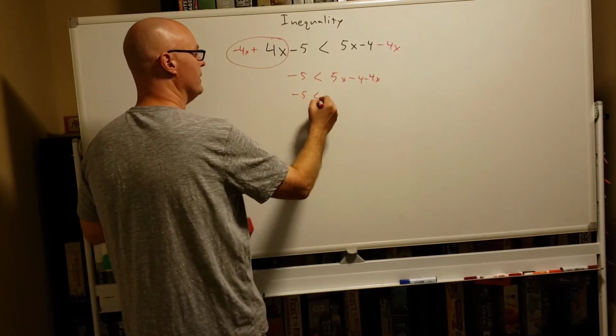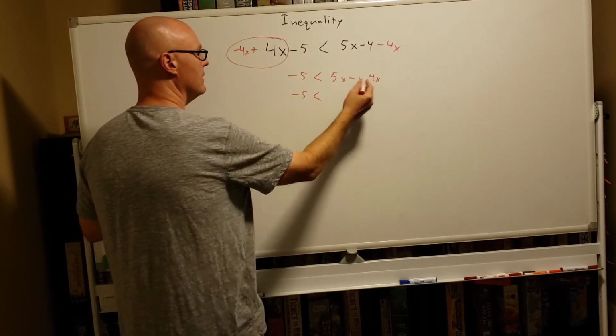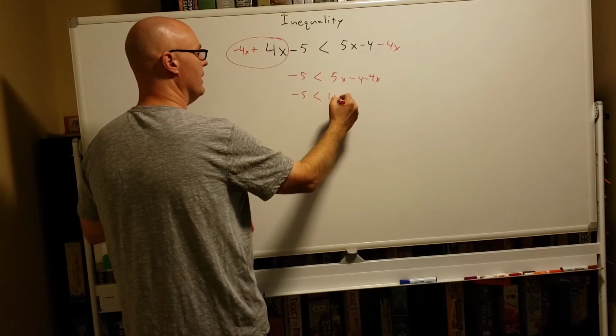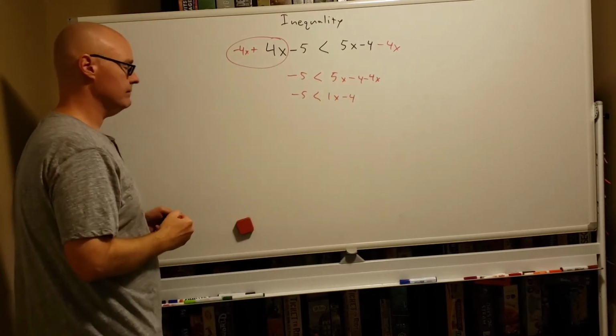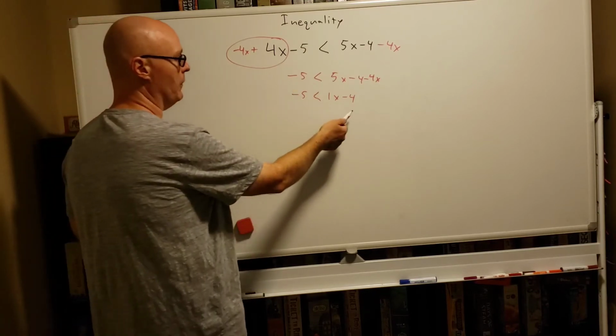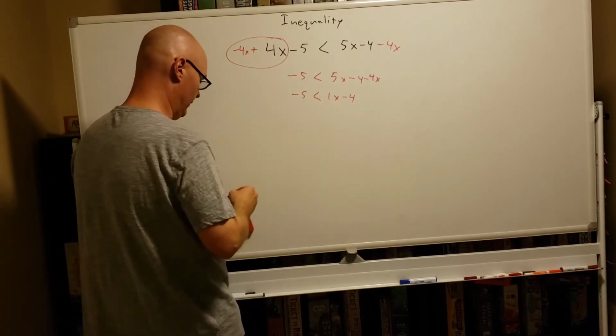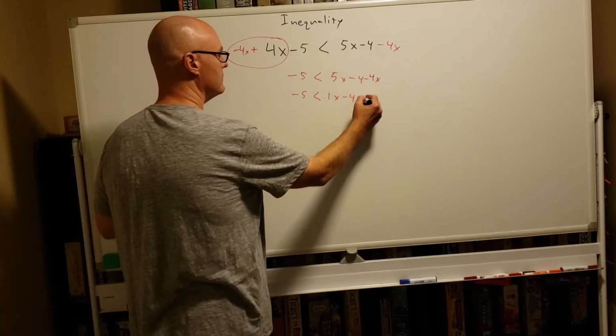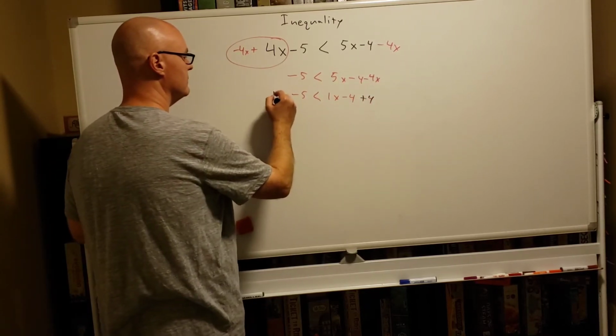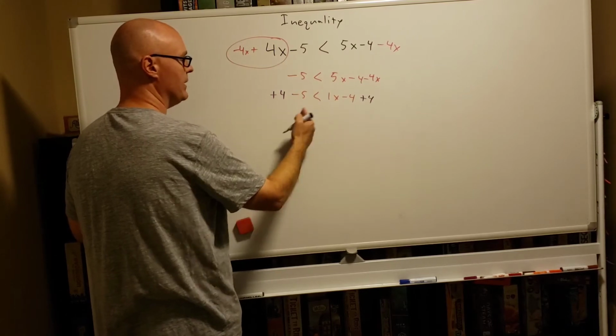Negative 5 is less than 1x minus 4. I can now add 4 to both sides. So if I were to add 4, I have not changed the relationship.